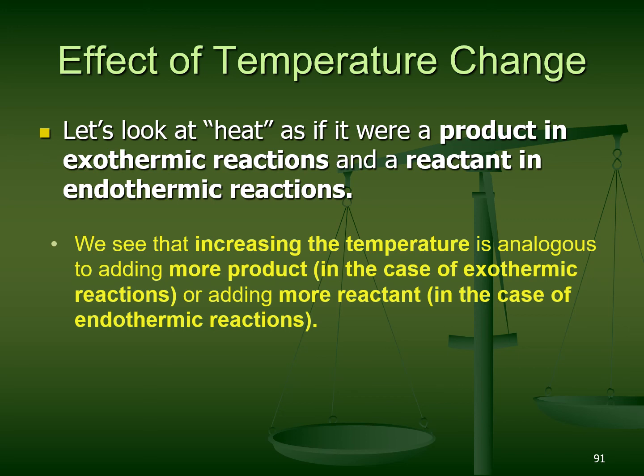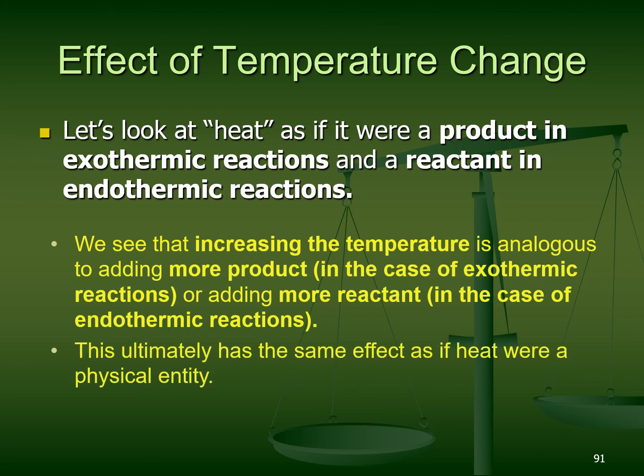So once you know which side the heat is on, if you increase the temperature, it shifts away from that side. If you decrease the temperature, so you're removing heat, it will shift toward that same side. It's the same as if heat were a physical entity, like changing the concentration of either a reactant or a product.